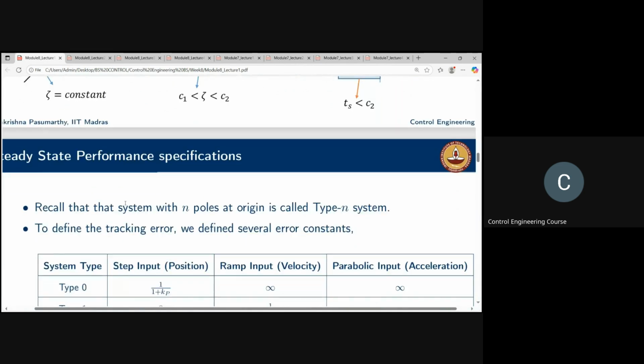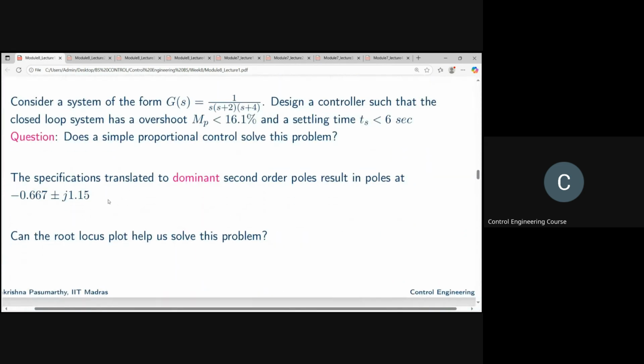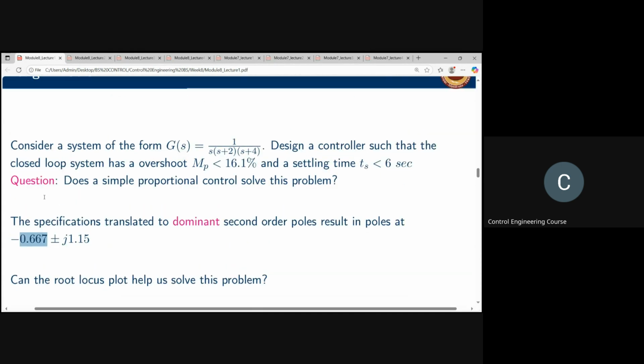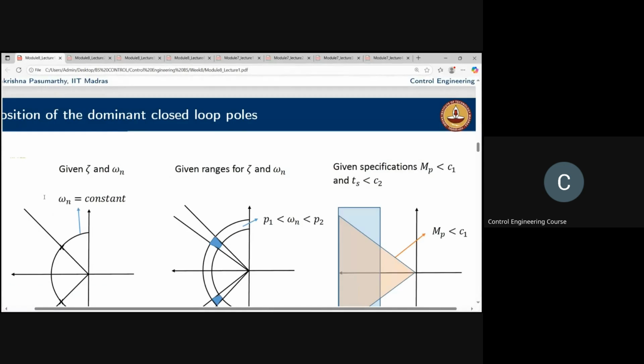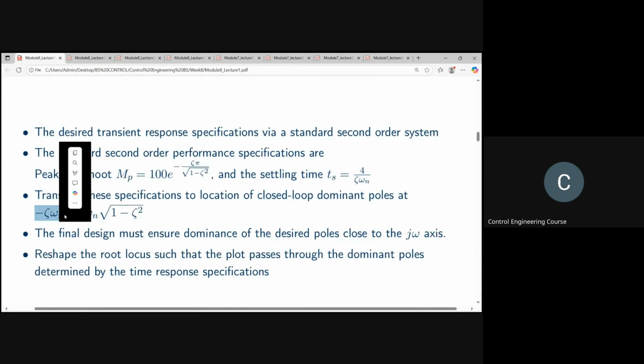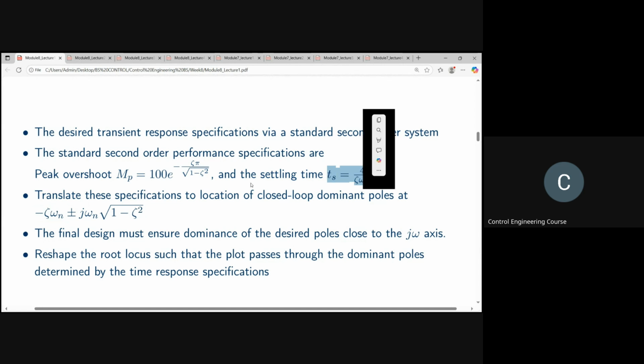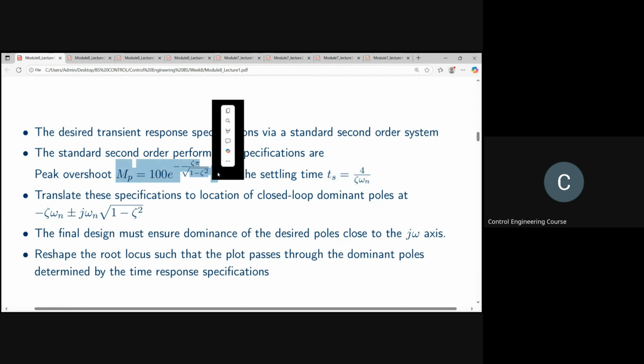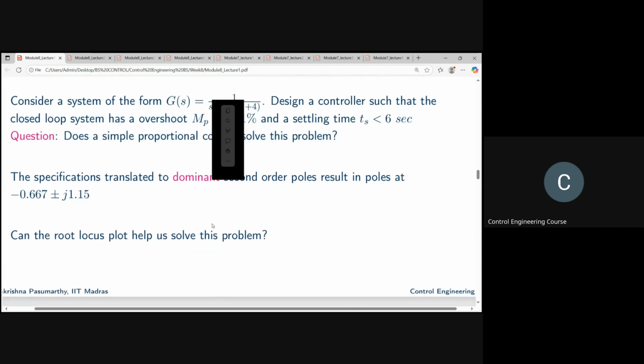Then divide the real part by omega n, that will give you zeta, because the real part is zeta omega n. And then the settling time will be given by this and this will be the peak overshoot. And then you can verify. Got it?